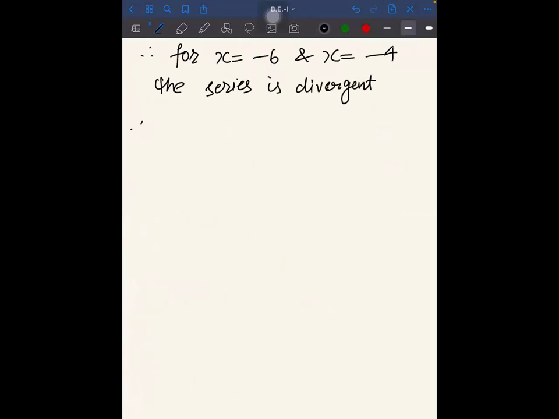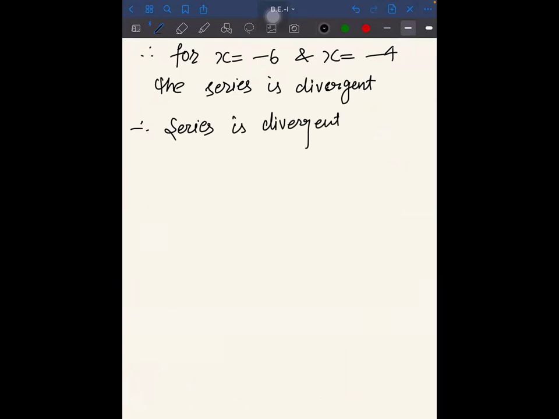So you're going to say that therefore for x equal to -6 and x equal to -4, the series is divergent.